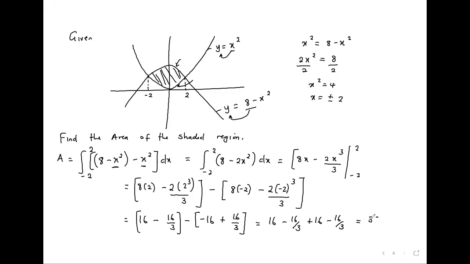This is giving us 32 minus 32 over 3, which is equal to 96 minus 32 over 3, giving us 64 over 3 units squared. That is what we call the area.